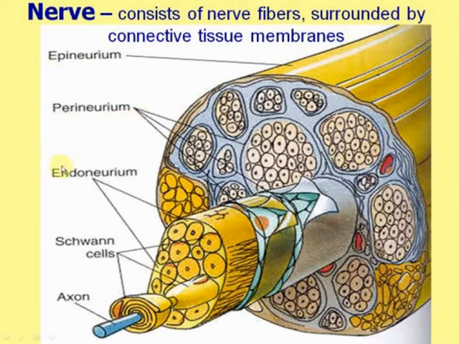The same similar names are used in tendon, endotenon, peritenon, and epitenon, or in skeletal muscle, endomysium, perimysium, and epimysium. So it's easy to remember.